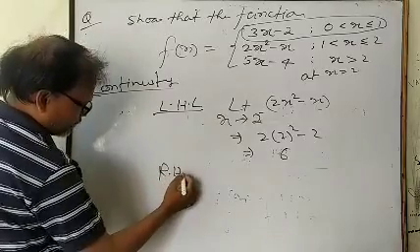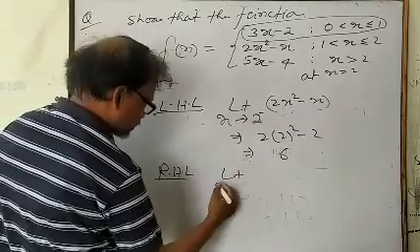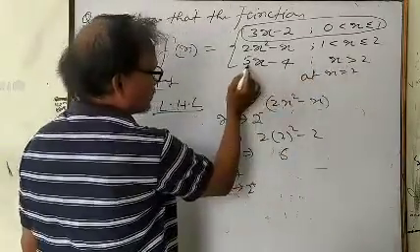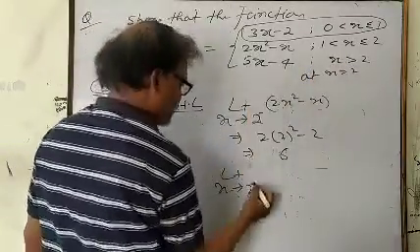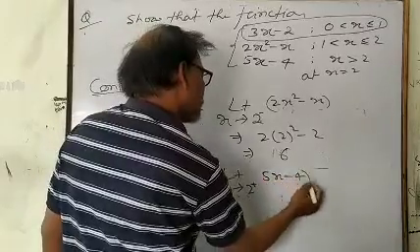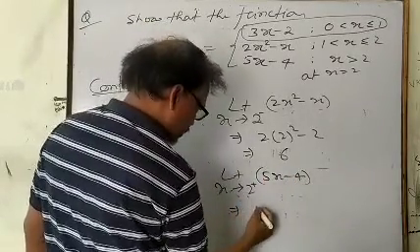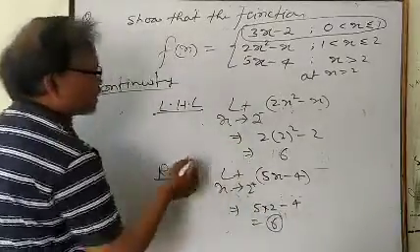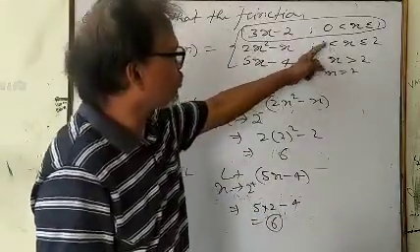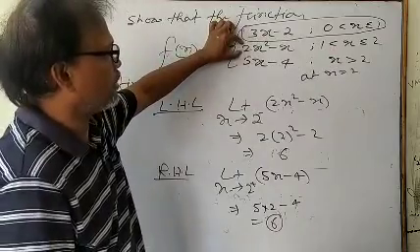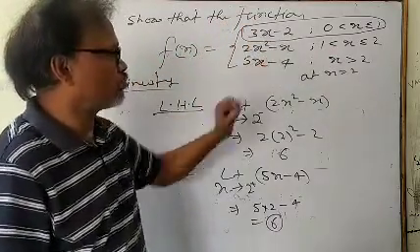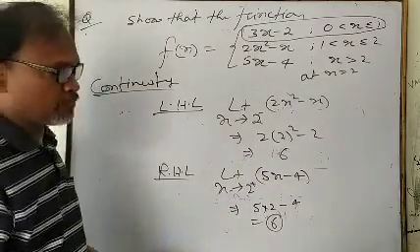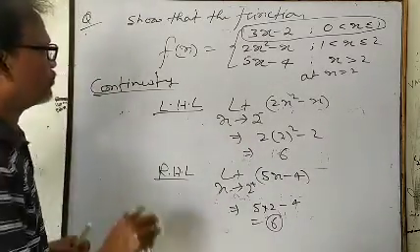Similarly, the right hand limit, x tending to 2 plus, take the greater function 5x minus 4, and then 5 into 2 minus 4, that is 6. Both are equal, and at x is equal to 2, again you get 2 into 4 is 8 minus 2, that is equal to 6, the same value. So all the three values are the same, therefore the function is continuous.